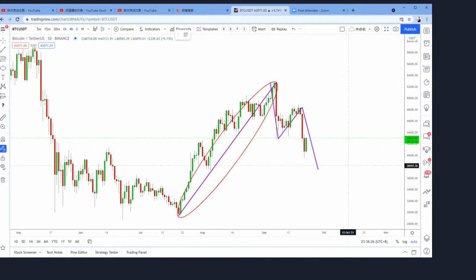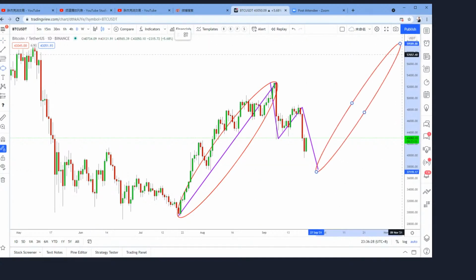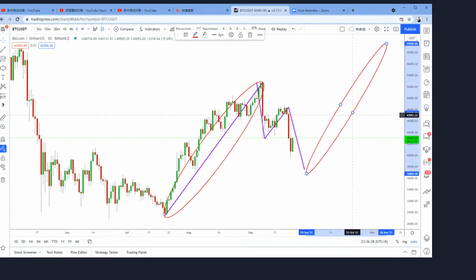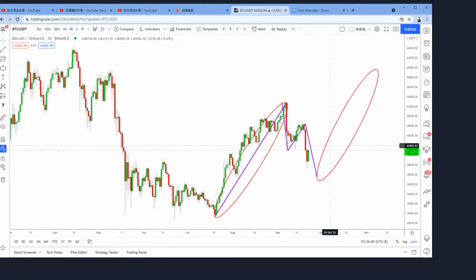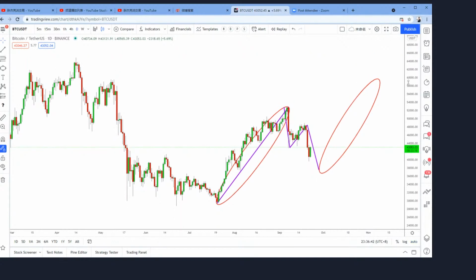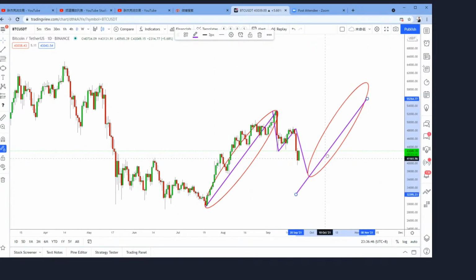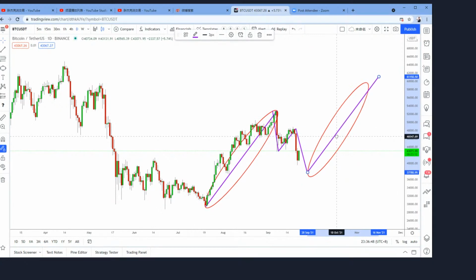Step three. Can you plot this for yourself? I'm asking you, can you imagine the second wave? Do you believe it has the possibility, maybe a 20% or 30% or maybe 50% correction?